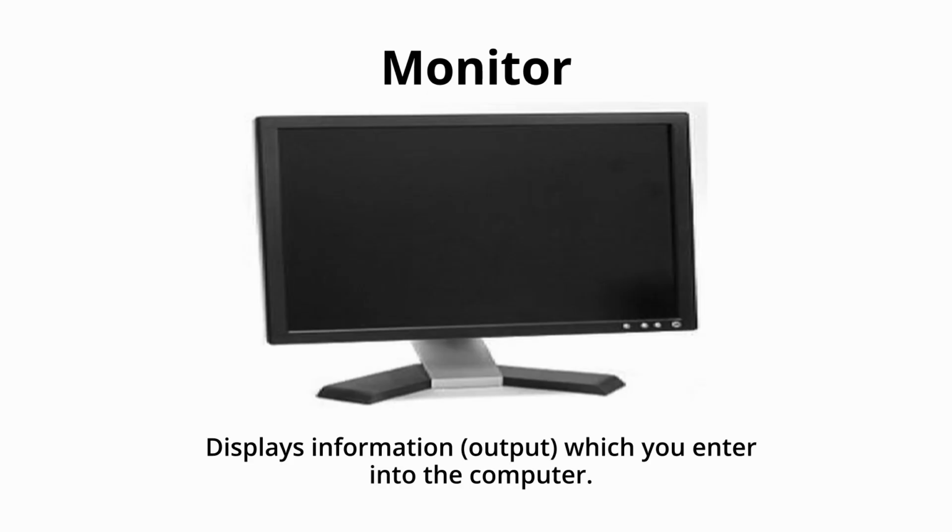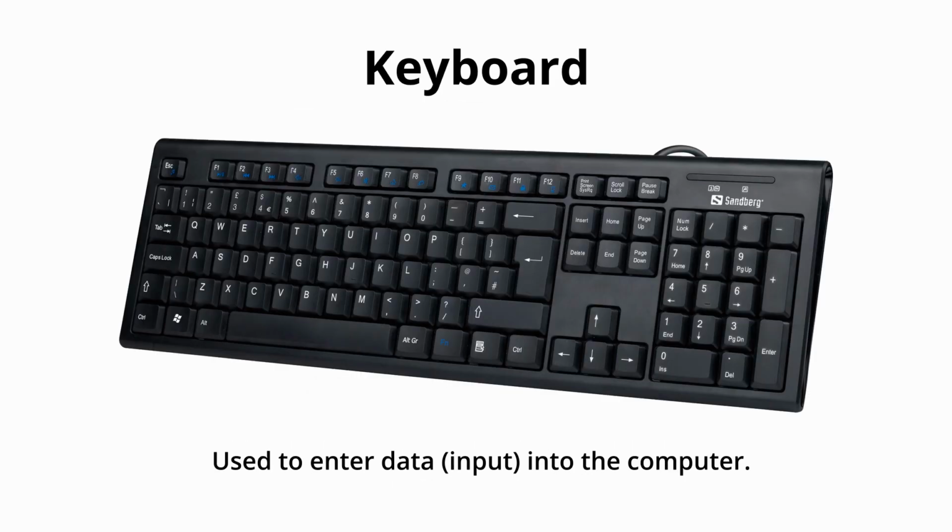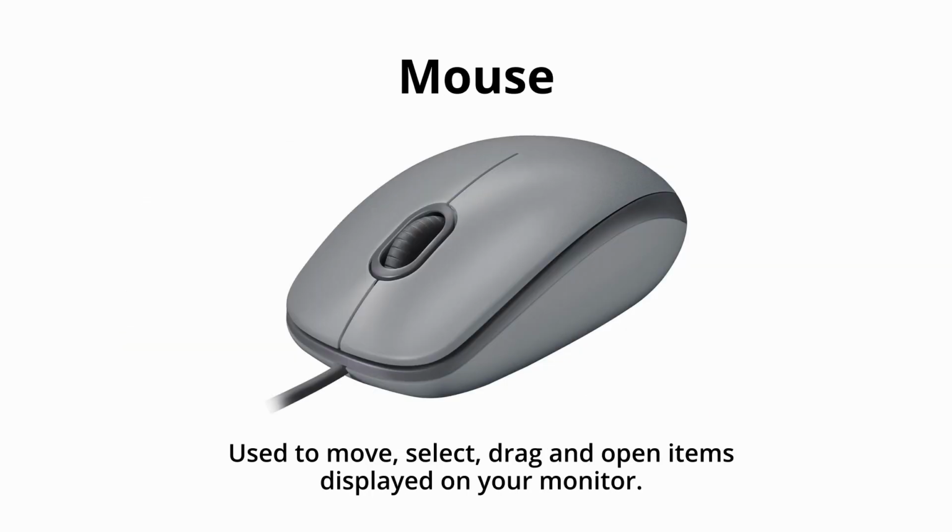Now, viewers, it's important for you to know that the monitor is an output device. What it does, it displays information. So whatever you type into the computer, it is displayed on the monitor. The next one is the mouse.